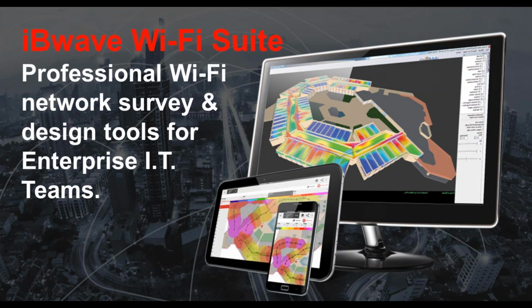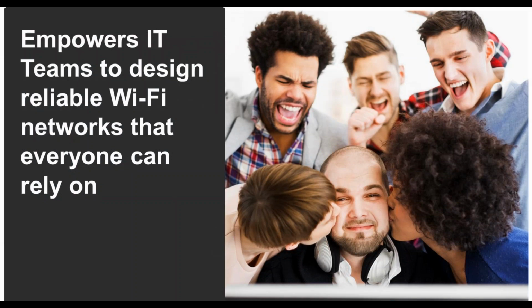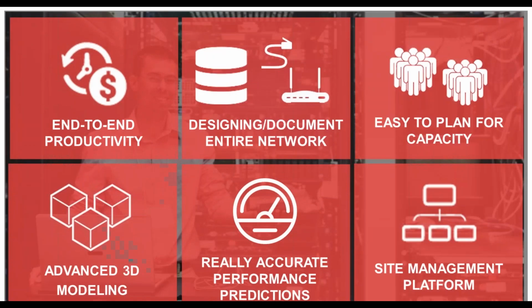We say that our software really empowers IT teams to design reliable Wi-Fi networks that everyone can rely on. Some of the key differentiators for our software versus maybe some of the others on the market, and what we're really recognized for, is the focus on end-to-end productivity. We really focus on streamlining the site survey, right through to the design and the maintenance of Wi-Fi networks.